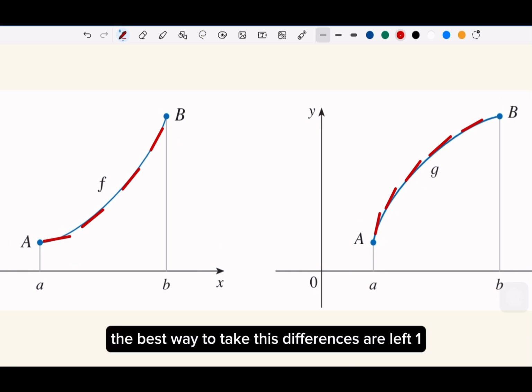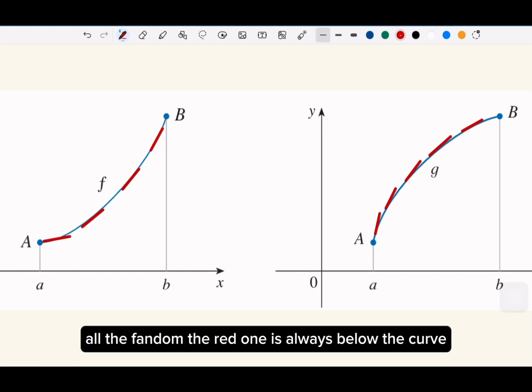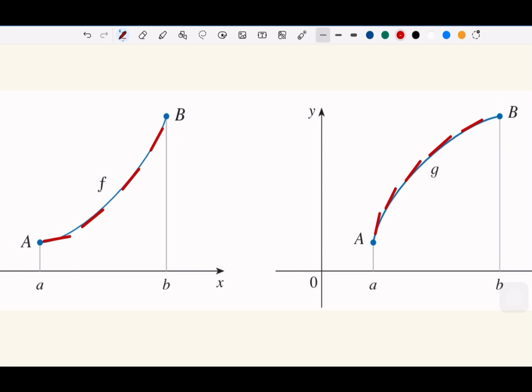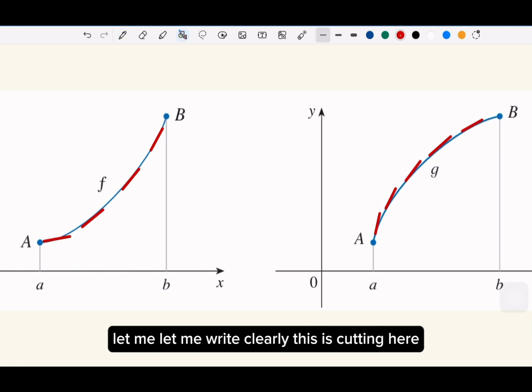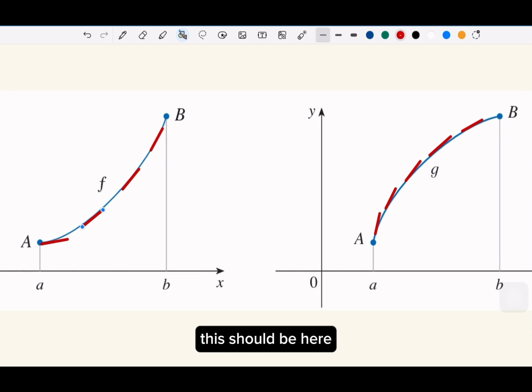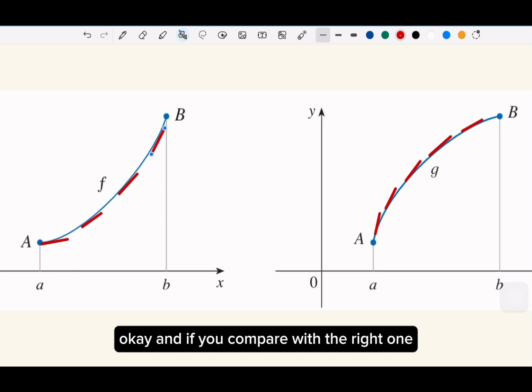The best way to see the differences: on the left one, the tangent, the red one, is always below the curve. Imagine this is the blue one, and this red line is always below. Let me write it clearly.